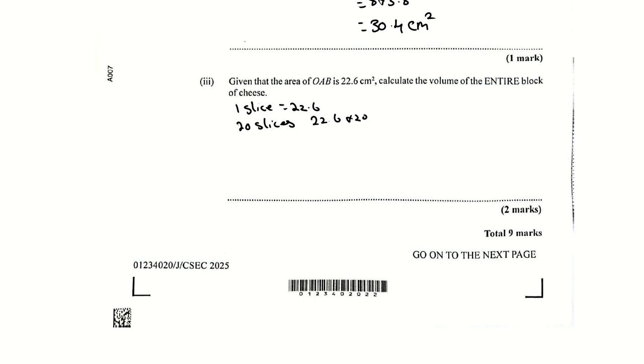22.6 times 20, which is 452. Now, they told you the entire block of cheese, which is a cylinder.